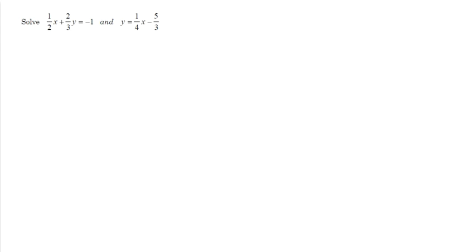So I'm going to take that first equation there, and if you notice, the first denominator is 2, so 1/2, the bottom number is 2, and then the second denominator is 3. So if I think about 2 and 3, I want to think about what numbers are multiples of 2 and 3. 2 is 2, 4, 6, 8, 10, and 3 is 3, 6, 9.